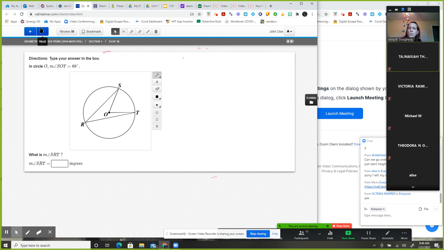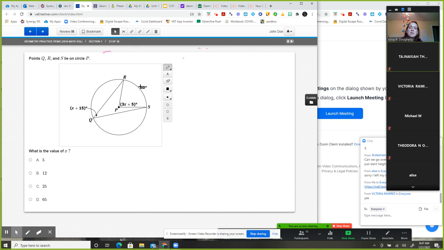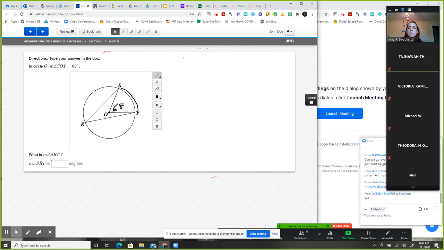How about this one? This one looks really the same to me. So if angle SOT is 68, what's arc ST? In the last one, these two things were equal, right? So here, what are these two things going to be? Equal, so 68 degrees.